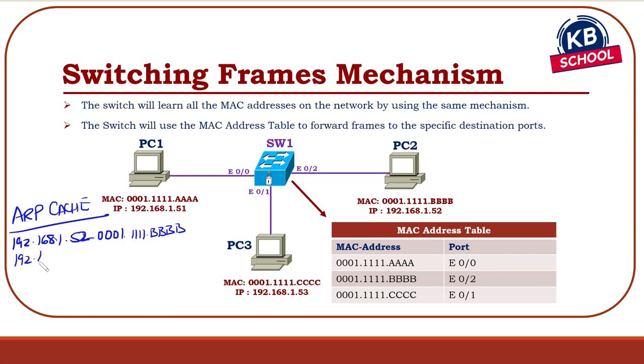Similarly, I'm going to have an entry for 53 with the associated MAC address. So this is the ARP cache of PC1.